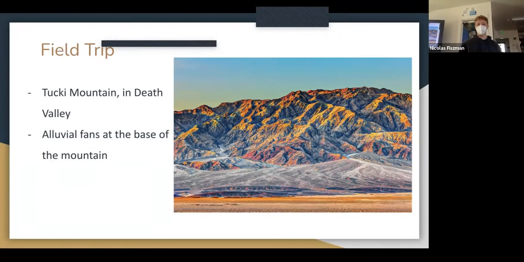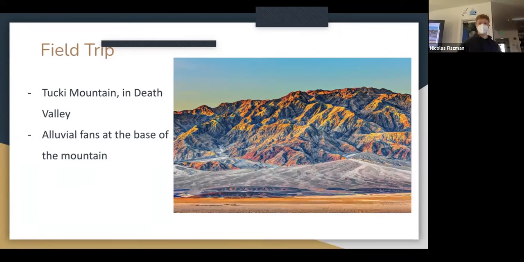So at the start of the hike, we would have gone through what's called alluvial fans, which are what you see at the base of the mountain in that picture. It's similar to a river delta, but it's what forms from all the water runoff from a big mountain, when it flows into one point and then spreads out.